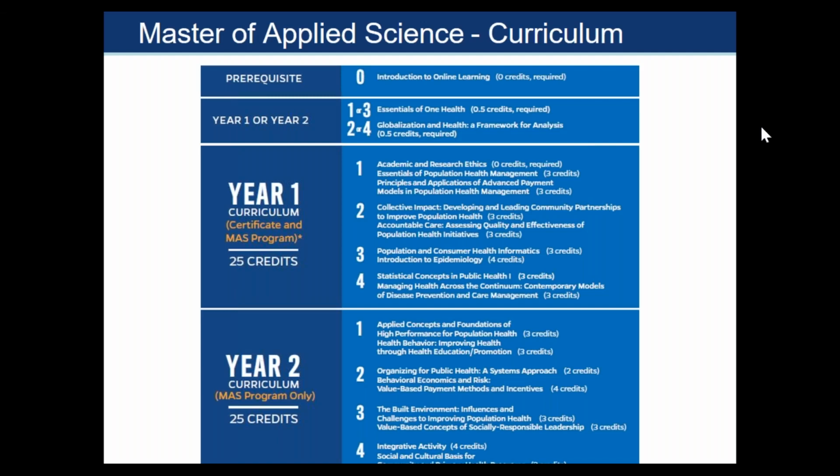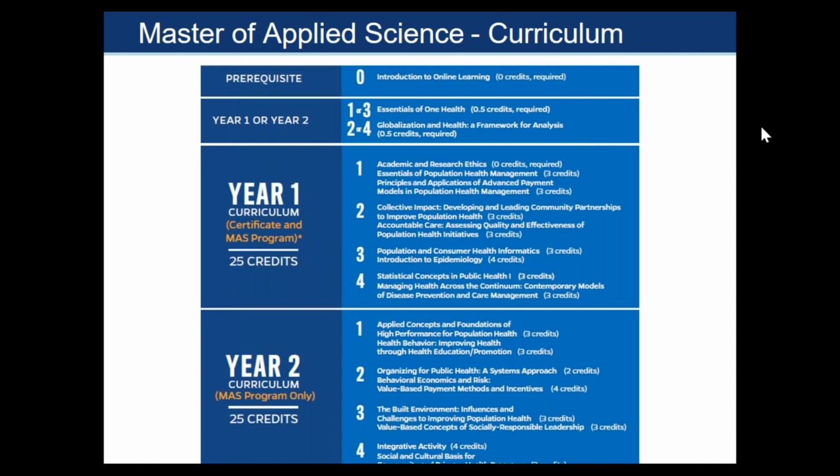We have a systems thinking course. We have a built environment course looking at the influences and challenges of factors that influence health, such as housing, food scarcity, etc. We have a leadership class looking at value-based concepts of social responsibility.